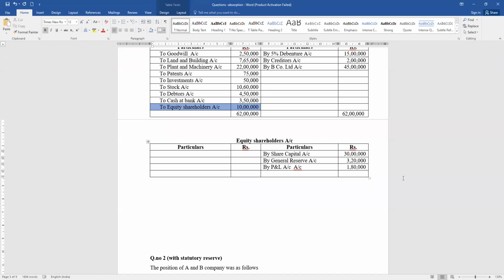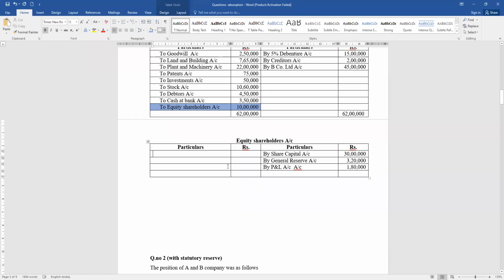Sometimes preliminary expenses, discount on issue of shares, or P&L account loss may be there on the asset side. If it is there, you have to transfer it in the debit side.